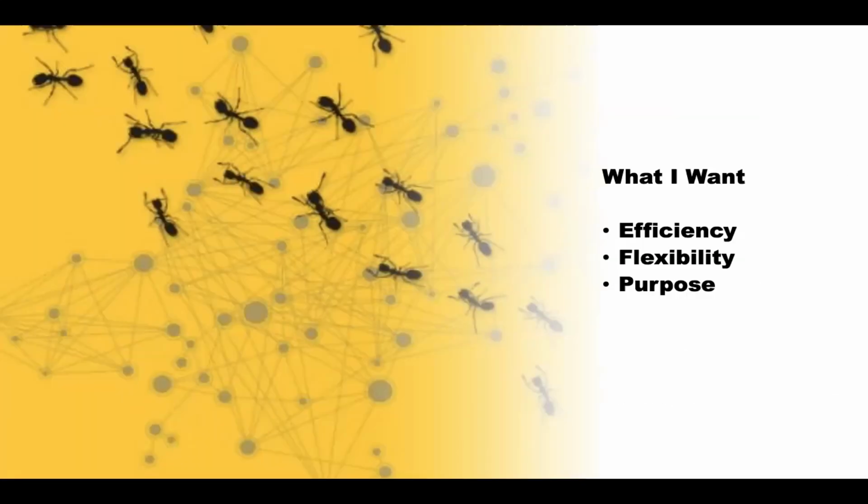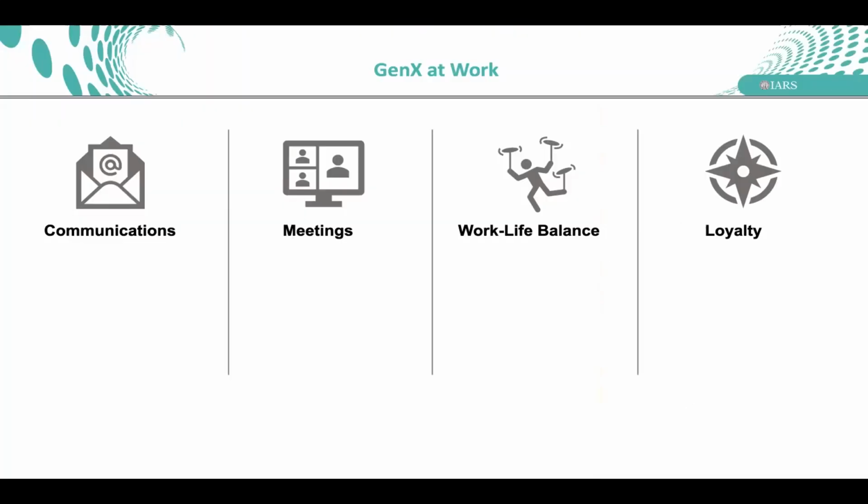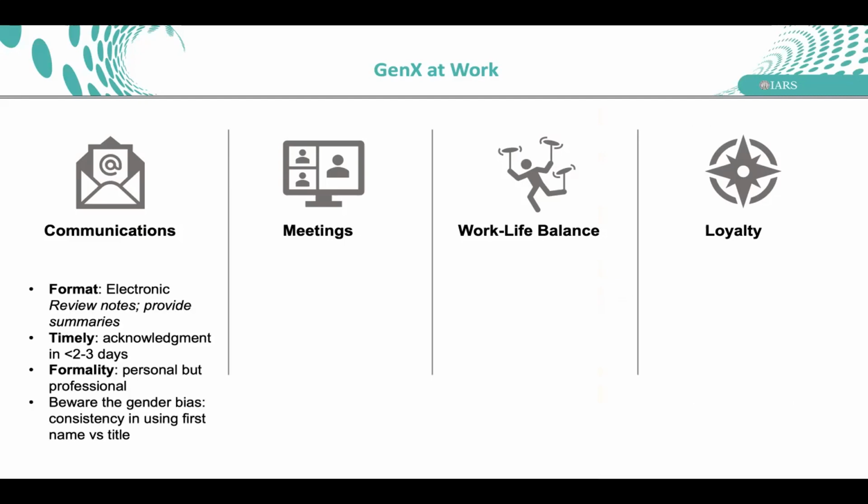How does that translate into what we want from the workplace? Gen Xers want efficiency. They want flexibility in their workplace, and they want to find purpose. How does that look day to day? When communicating with Gen Xers, they tend to prefer an electronic format where they can review notes and provide summaries.